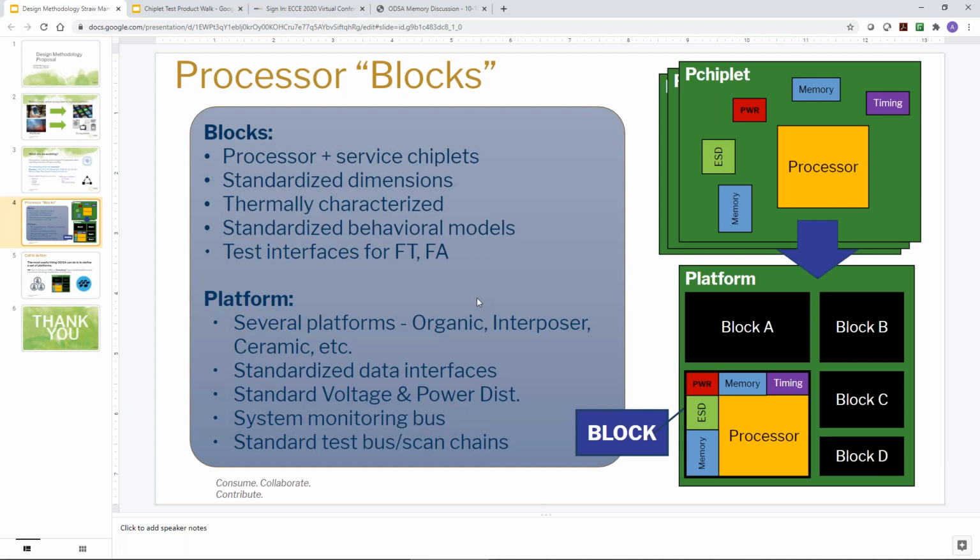So that's a block. That represents what historically might have been an ASIC or an SoC. And then we're combining them on a platform. I think the difference is you don't necessarily need to have the processor and the chiplets integrated into an SIP or something like that before it's attached to the platform.